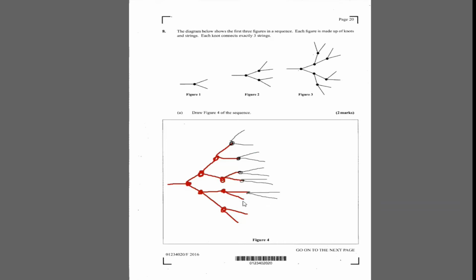Then the same here, 1, 2. Then the same here, 1, 2. Then again here, 1, 2. Then the same here, 1, 2. And this would be figure 4. Nice.